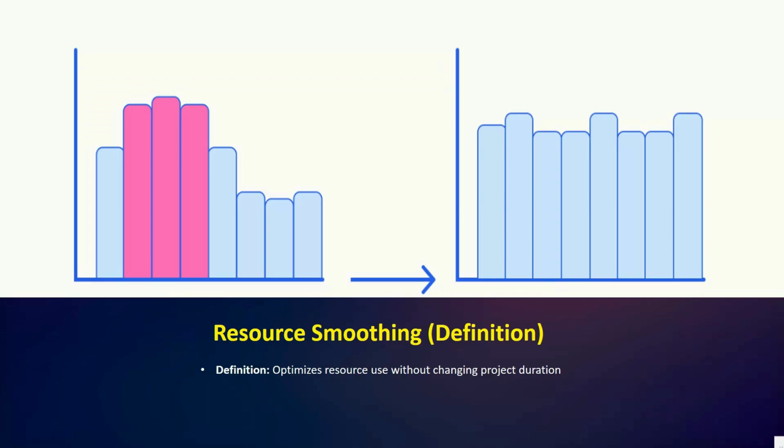So, in resource smoothing, the project finish date is fixed instead of delaying task beyond the deadline. So, the available float or slack within a schedule is used to redistribute tasks and smooth out peaks in the resources demand. Okay, so I hope this is clear.